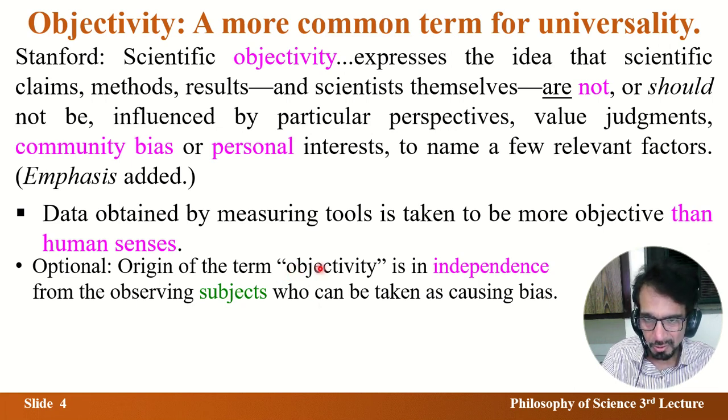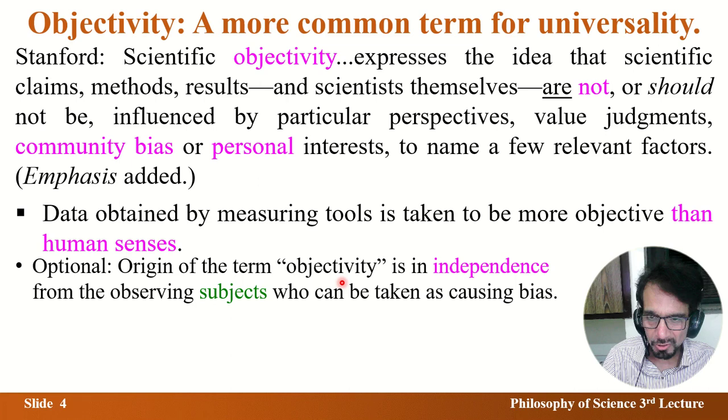So rather than universality, if you use the word objectivity, what you want to emphasize more is that if there are persons involved, they make mistakes. So get rid of persons, don't mention any human being in knowledge descriptions.